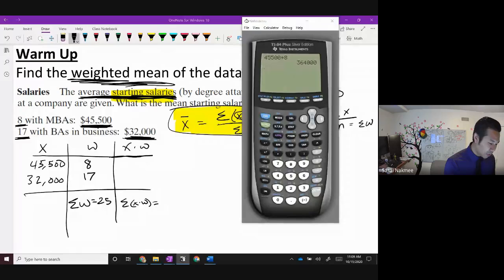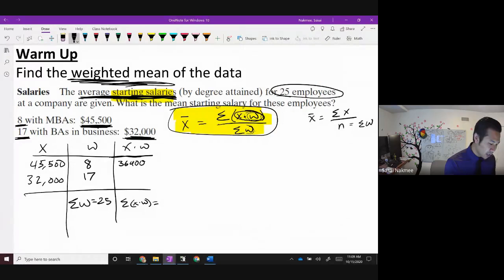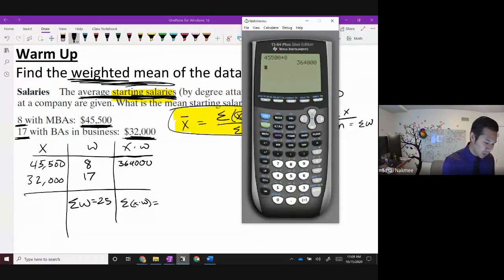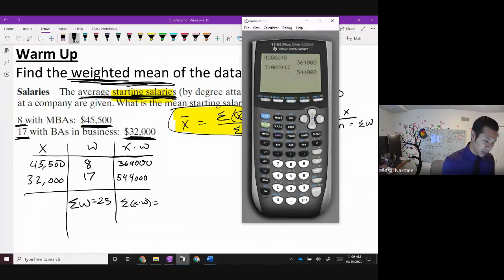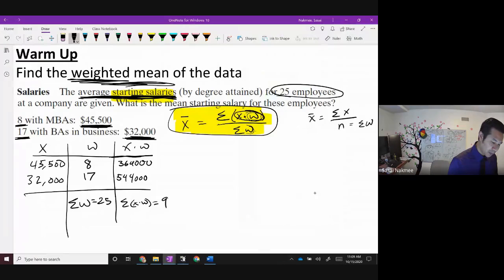So 364,000 is what you should have got here. And then this one over here is 32,000 times 17, which gives me 544,000 right here. The sum of those numbers, plus 364, gives me 908,000 as my sum.